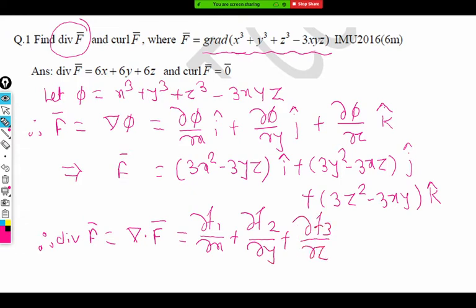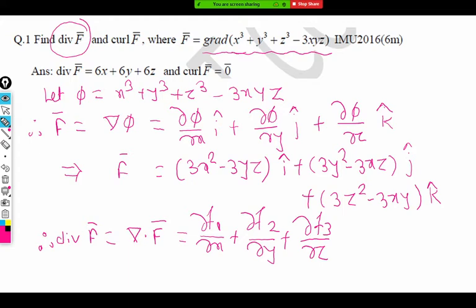Here is one of the most important things I want to tell all of you. There is a common silly mistake that a few students always make: del dot f bar is a scalar quantity. It is free from i, j, k, but by mistake a few students write dou f1 by dou x i cap plus dou f2 by dou y j cap and dou f3 by dou z k cap, and that calculation will get a 0 mark directly, because if you write a scalar quantity as a vector quantity, you will not get the marks.